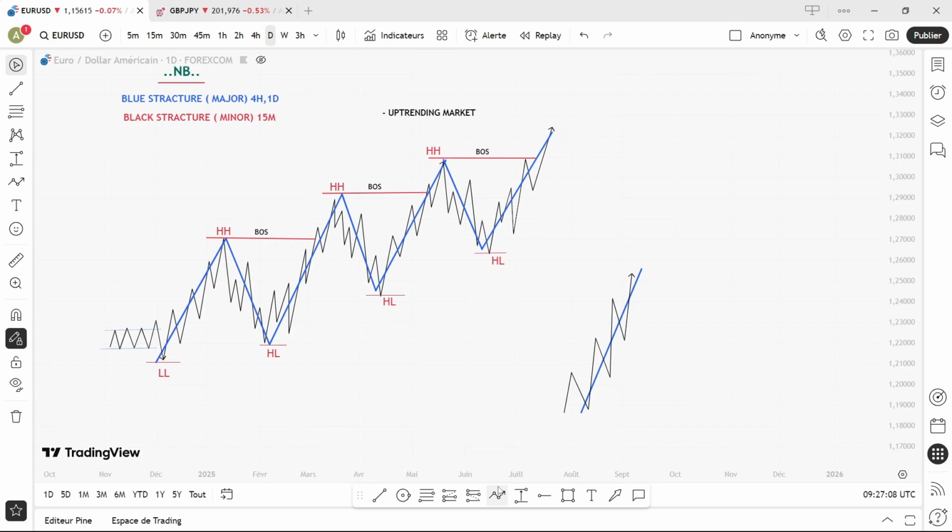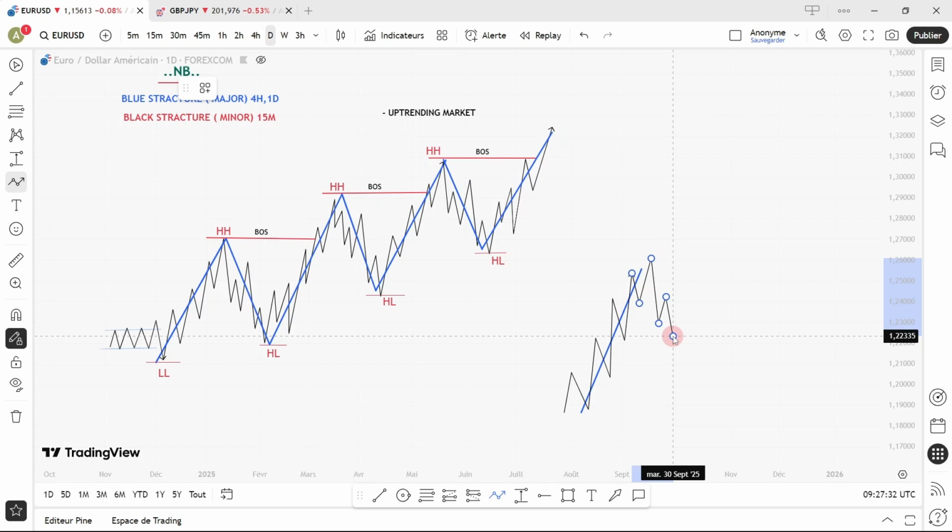So when we get a shift on the lower time frame like this, what does this mean? It simply means that the higher time frame or the major structure is coming in for a pullback or a correctional move.